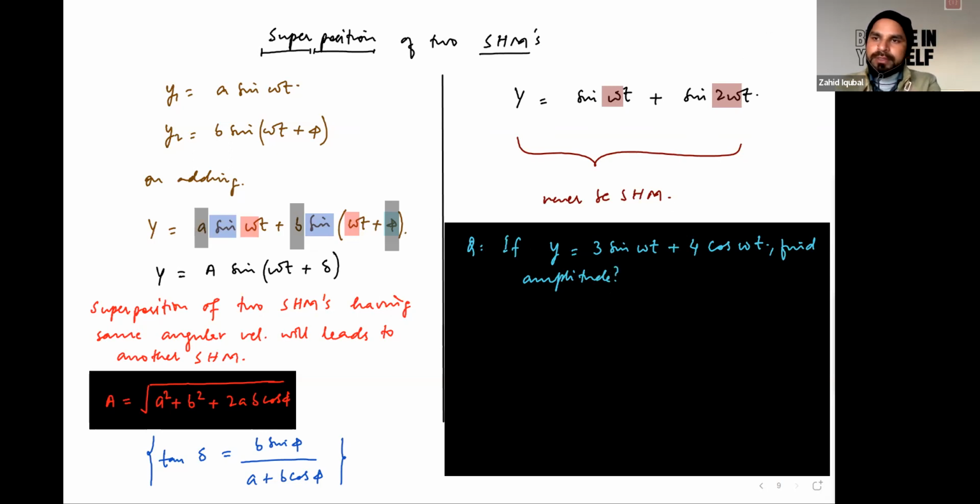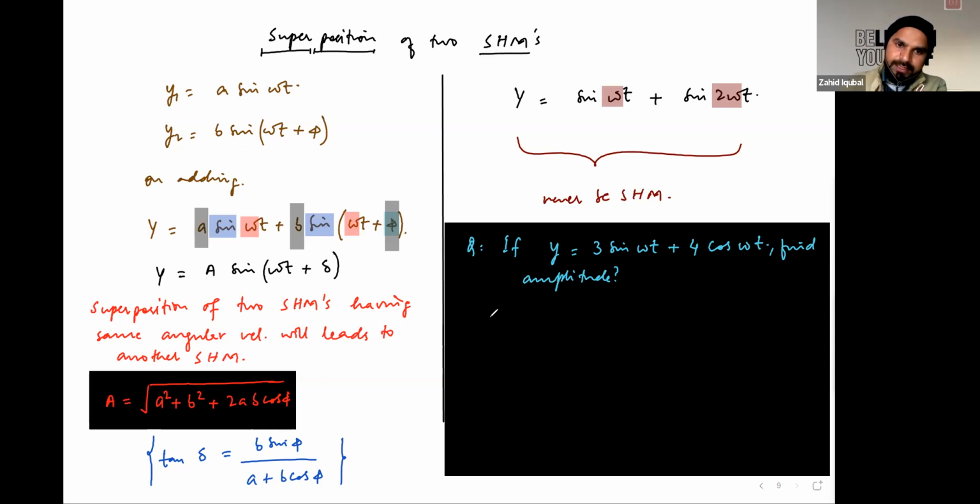How to calculate amplitude for this part? In this part, we have the first function in sine and the second in cos. So to add any two SHMs, first we need the functions to be in the same term. So first we have to convert this cos in terms of sine.